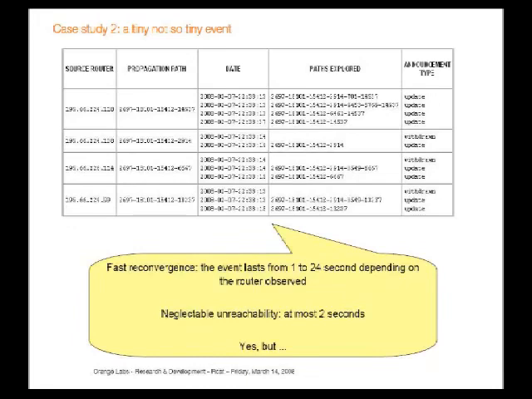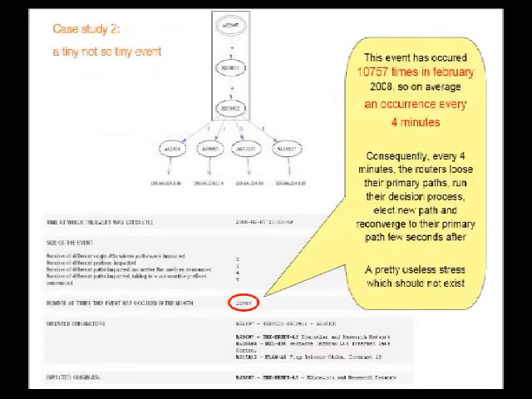So in fact, here's a question: why should we care about such an event? At first sight, there's no reason. Well, in fact, there is a serious reason to care about it. It's because it has occurred 10,757 times in the month. So it means that on average it has occurred every 4 minutes.